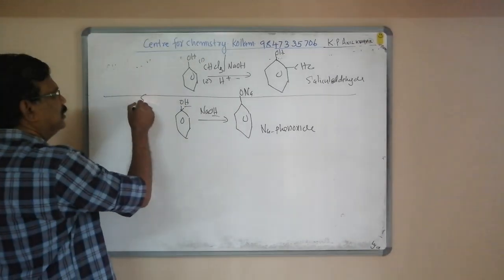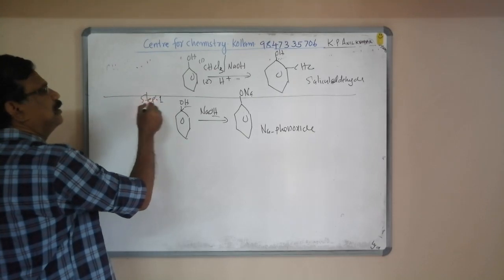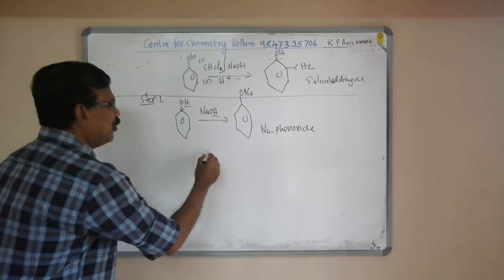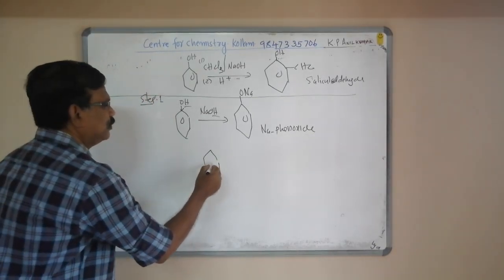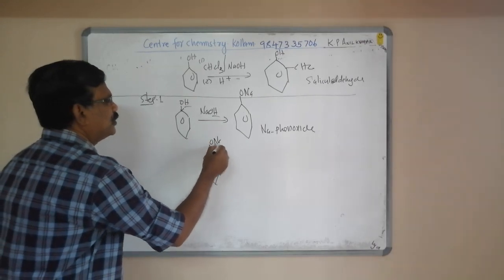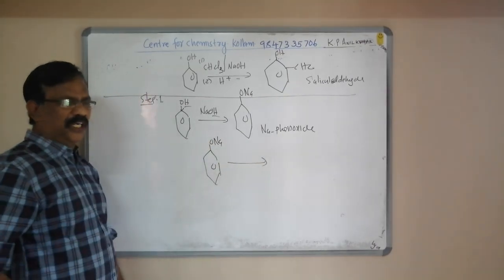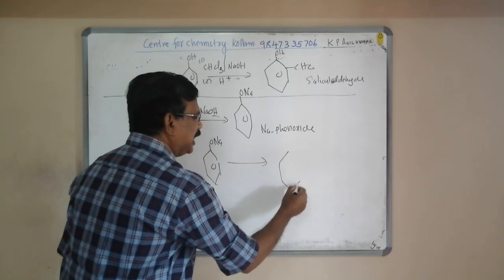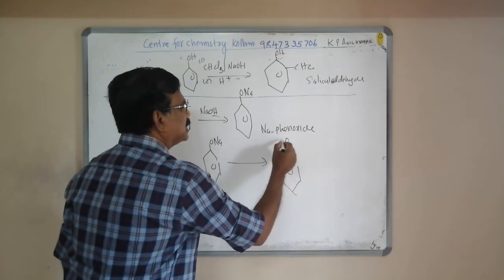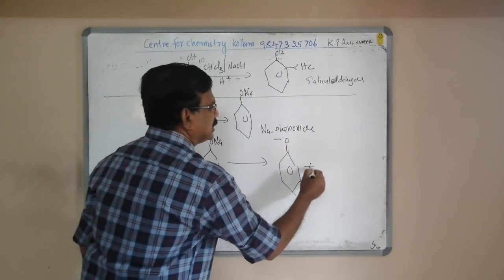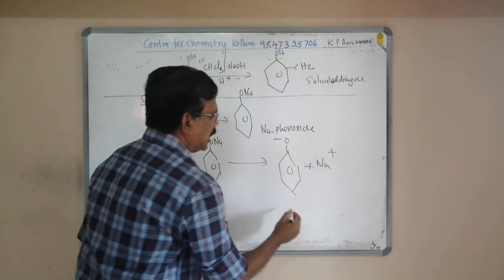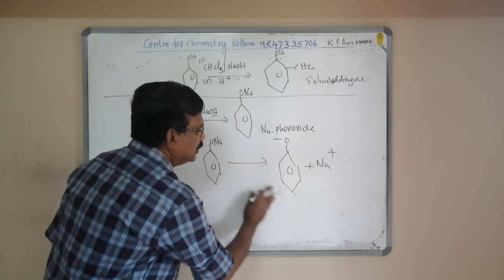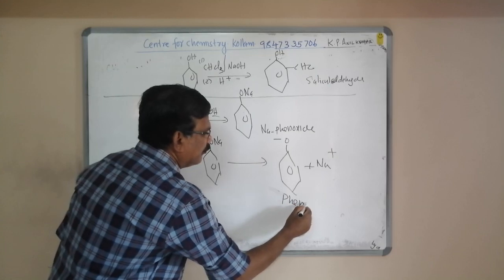So step 1. The sodium phenoxide ionizes because it is a strong electrolyte into the phenoxide anion, O minus, and Na plus. The phenoxide anion is the substrate.